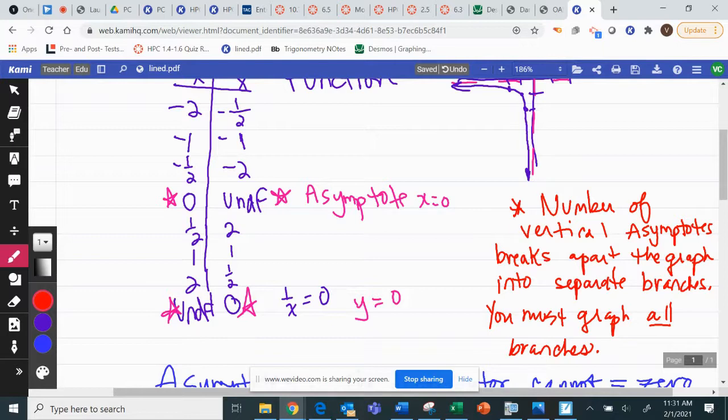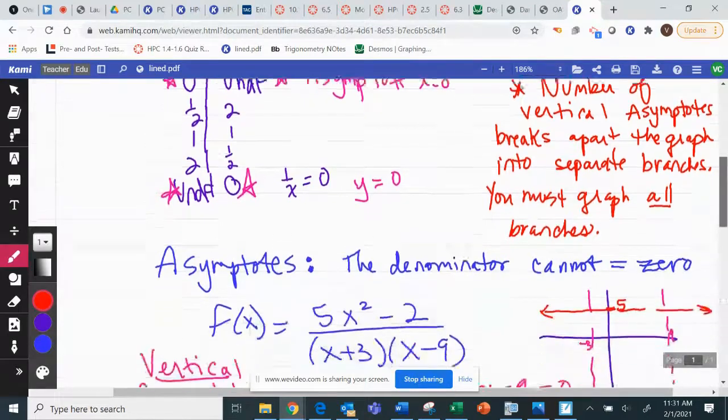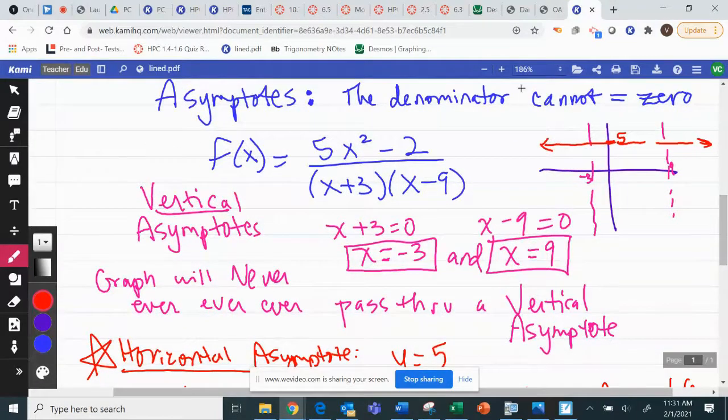If your graph is set up where that vertical asymptote is at like -10, and I can only see half of the graph, then you need to change your scale. So this second example that I did down here, how many separate pieces are there going to be for this graph? It's going to be 3.